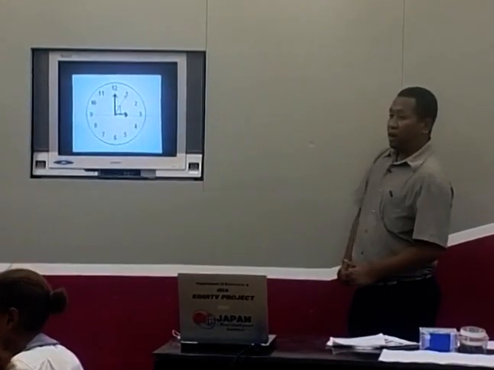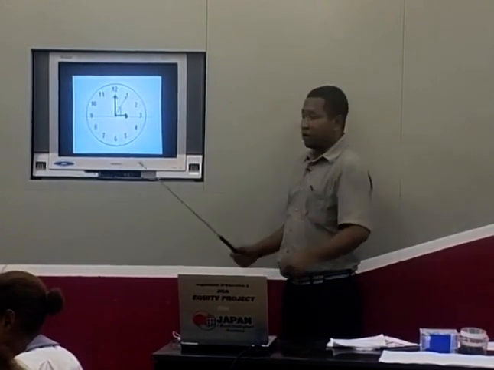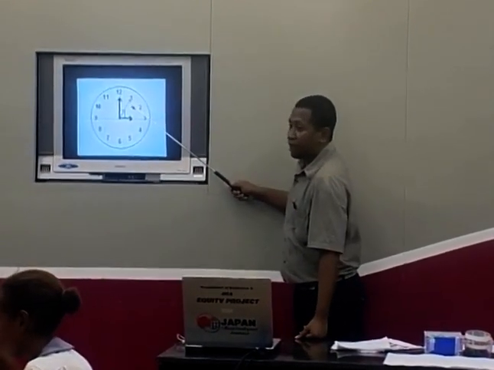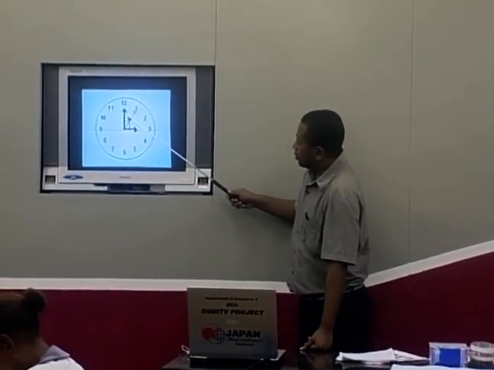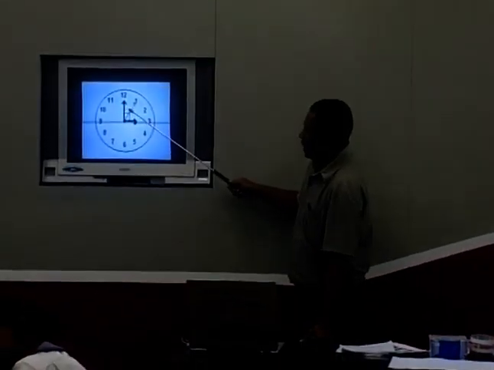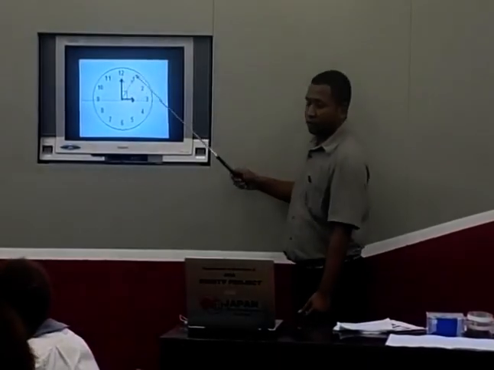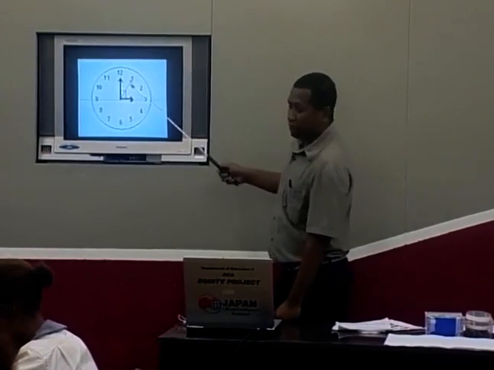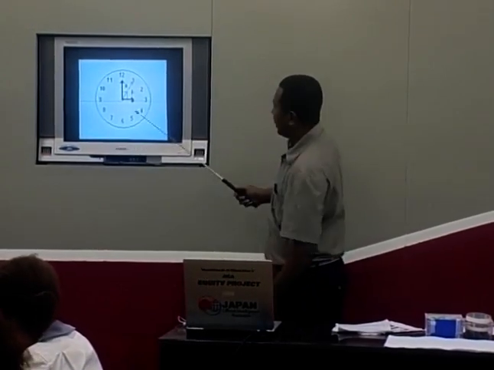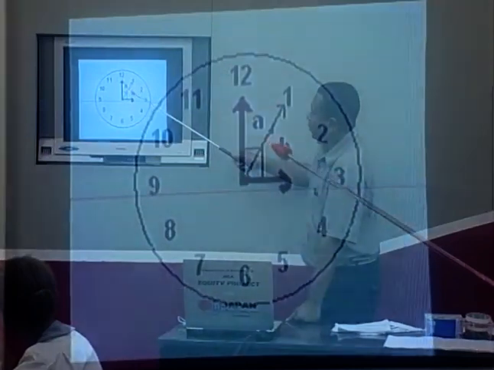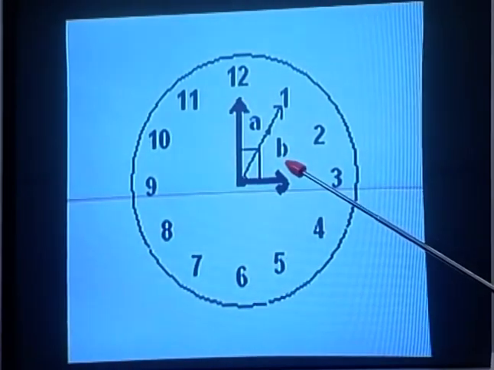Second hand. Very good. When we include the second hand on this clock, it forms two angles, 1 and 2. Now, when it forms two angles, we can label one angle A and one angle B. Okay?